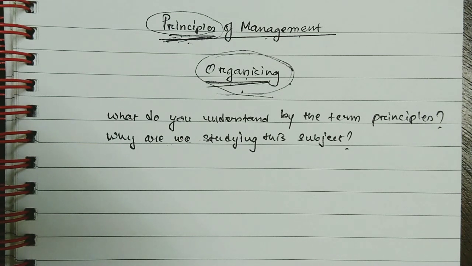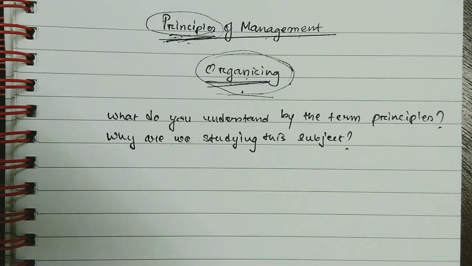We can actually use whatever knowledge we are gaining in our personal lives. In fact, later when you organize any college fest or fair or program, all these things will come into play.